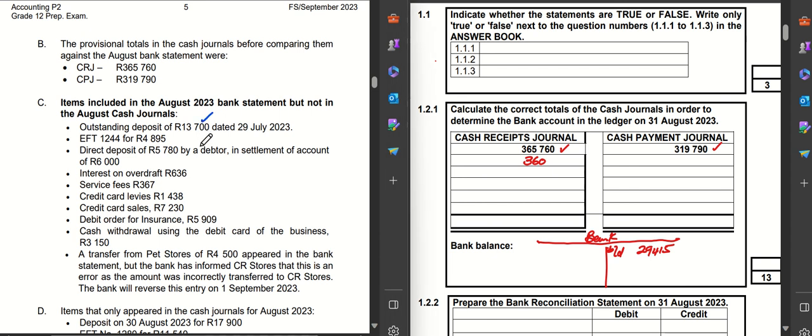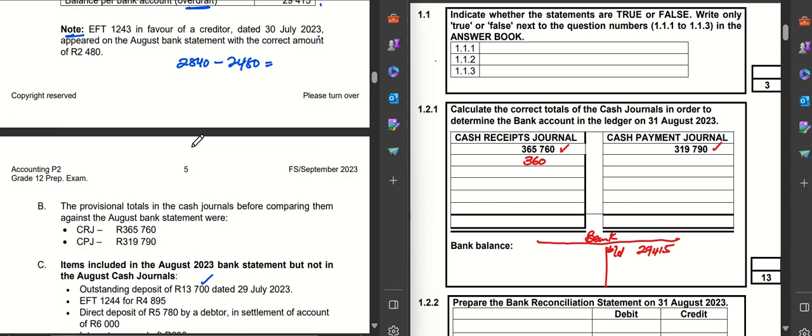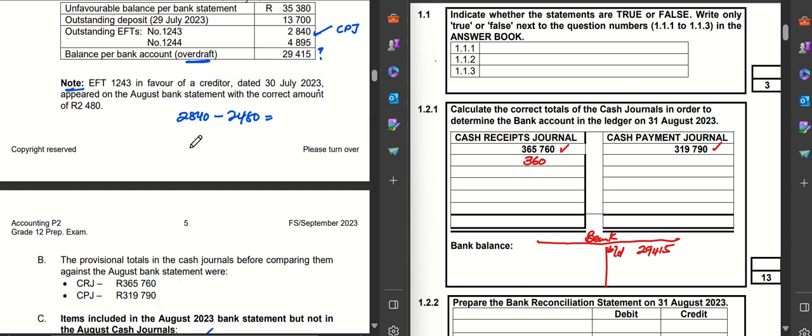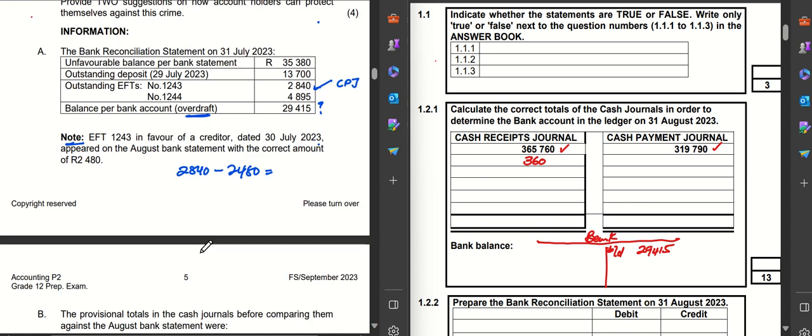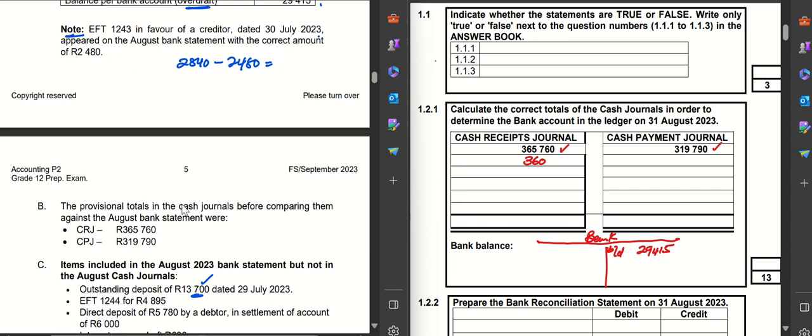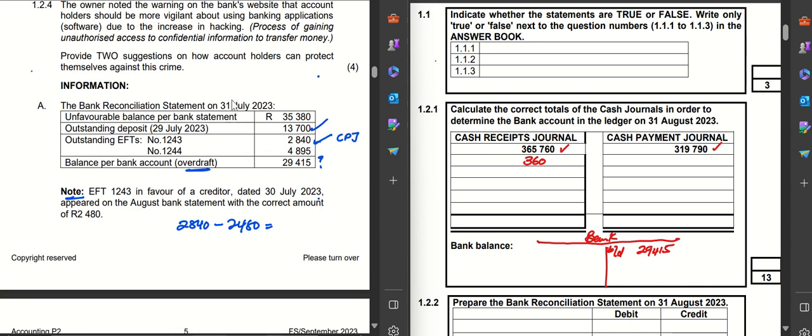Before you do anything, you have to check, was that deposit in the previous BRS? Yes. So now they're telling us that it now appears on the bank statement, but not in the August cash journals. It must not be in the August cash journals because it was already in the July cash journals. So we simply come here and we tick it over there like that.